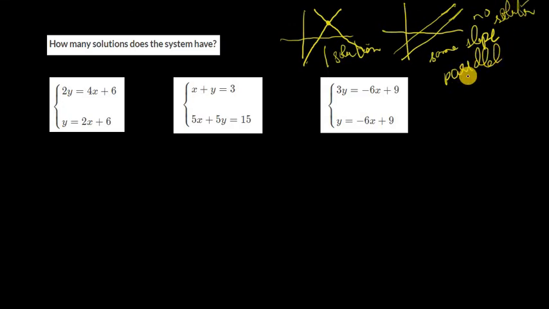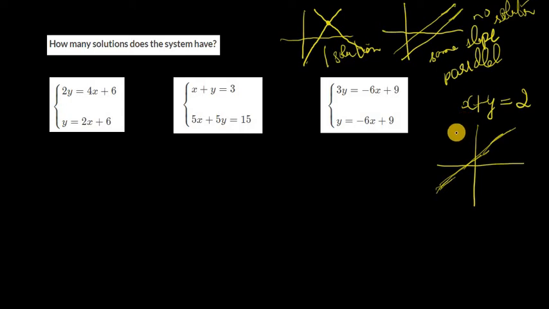The final type would be where both the equations are essentially the same. They would just be multiples of one another. For instance, one equation could be x plus y equals 2.